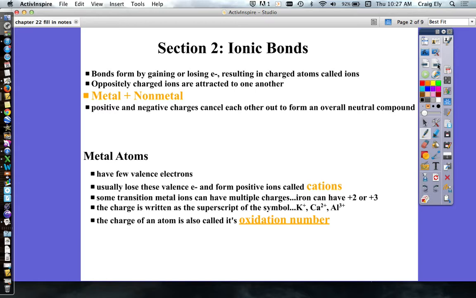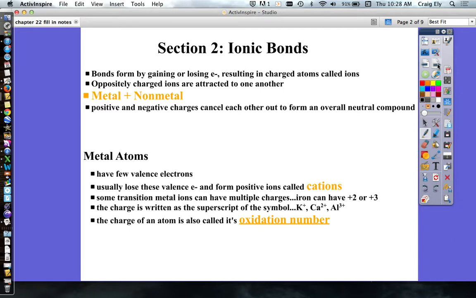And so we have positives being attracted to negatives. All right. And ionic bonds occur between metals and nonmetals. All right, you need to know that. Ionic bonds occur between metals and nonmetals. So the metals have positively charged ions, and the nonmetals have negatively charged ions. And those ions are going to be attracted to each other.